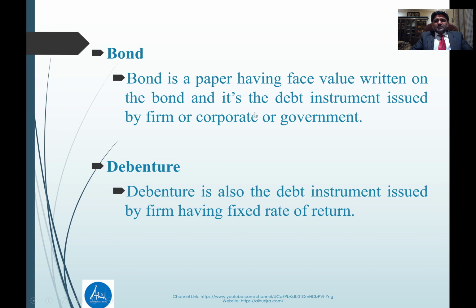Why is it a debt instrument? Because it's long-term debt. What is a debenture? A debenture is also a debt instrument issued by the firm having a fixed rate of return.